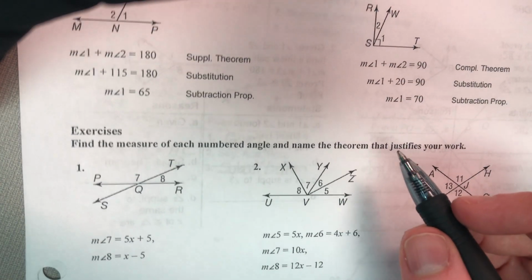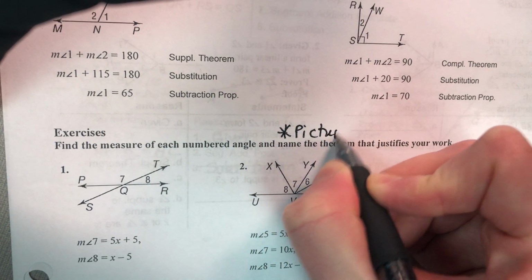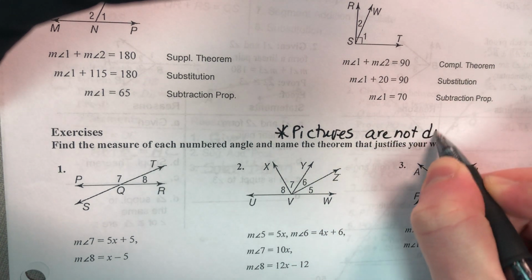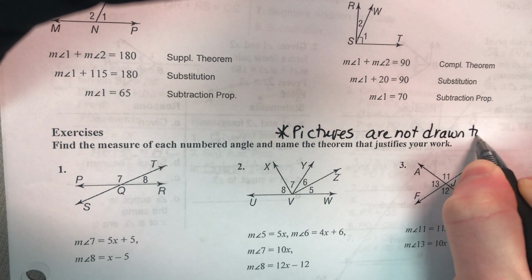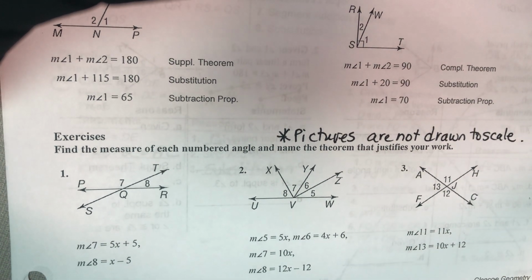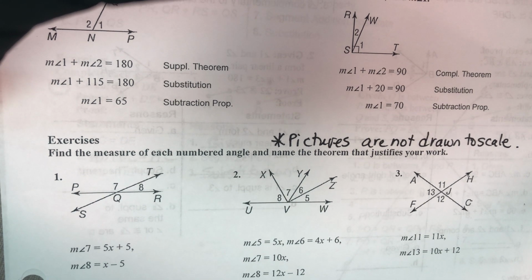Now we're going to go down and look at the problems at the bottom. I want to make a note here that the pictures are not drawn to scale. And you're going to need to watch for that in geometry. Sometimes the pictures are not the size of the angles that you would expect for a problem, and so you just have to base your work off of the given information.